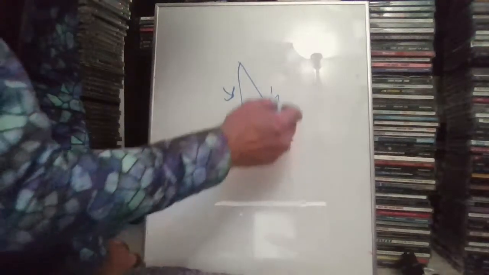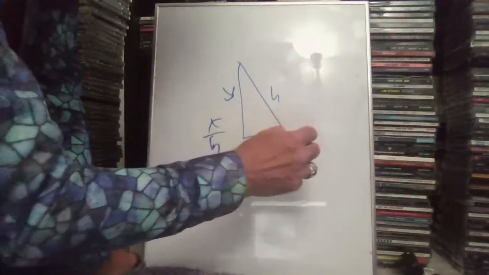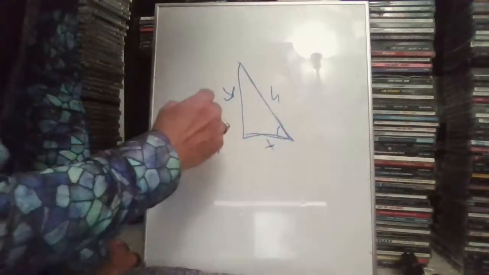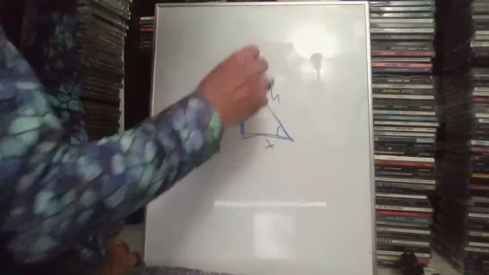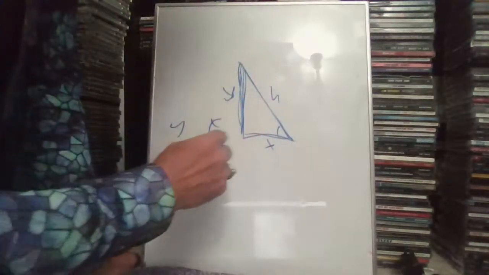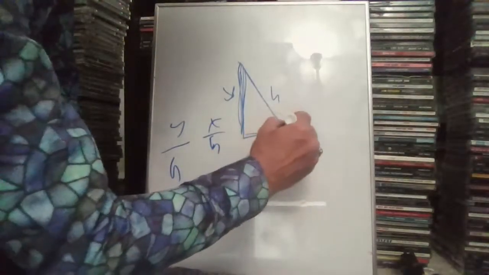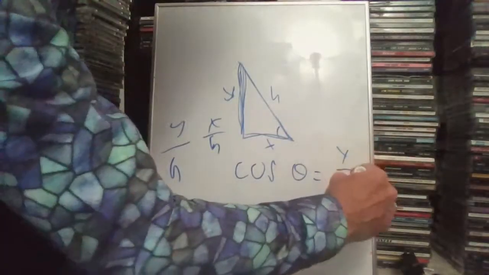The cosine is x over h. This part over this part, and then the sine would be the other thing, y over h, the vertical part. So basically cosine of some angle theta equals x over h.